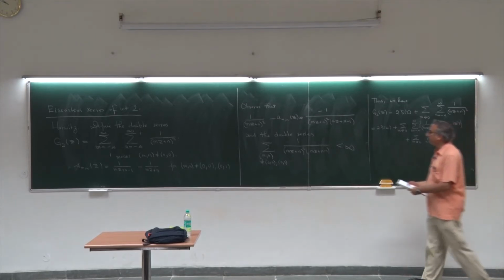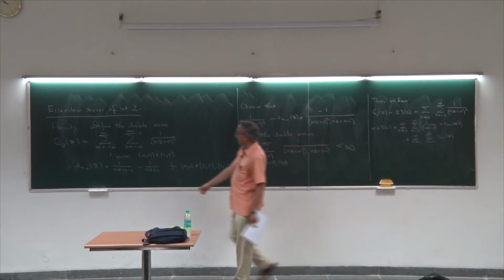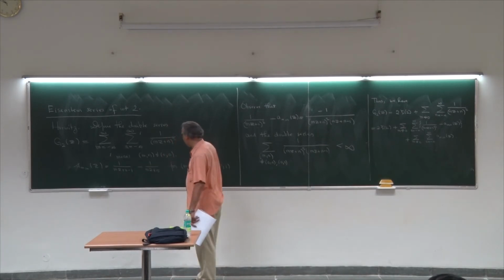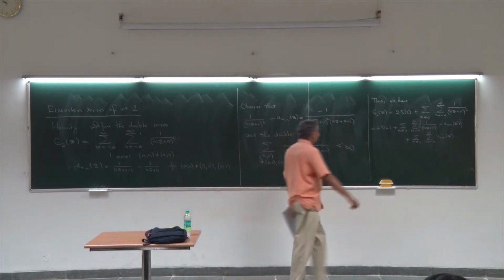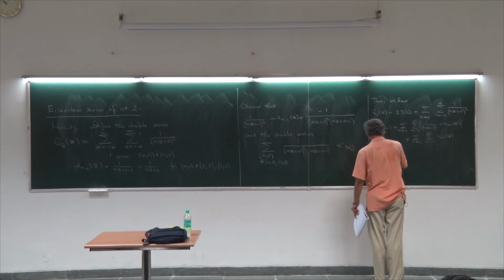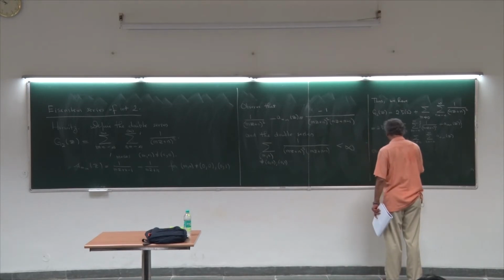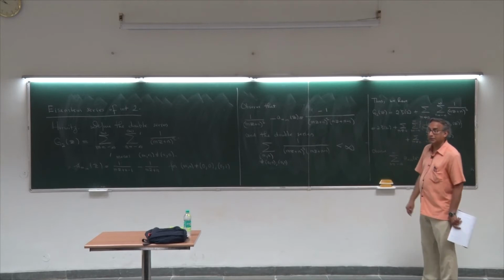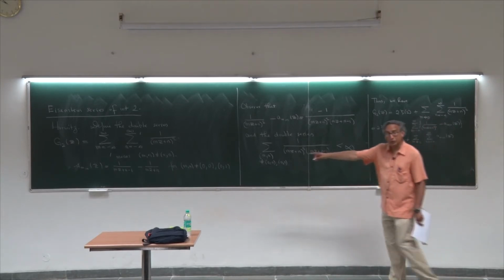The advantage of this is that if I sum over all the integers n, observe: the summation over n from minus infinity to infinity of a sub m n of z is 0 because it telescopes.